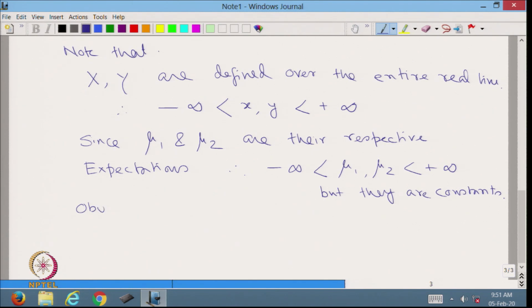Obviously, sigma 1 square and sigma 2 square are greater than 0 and minus 1 less than rho less than plus 1.